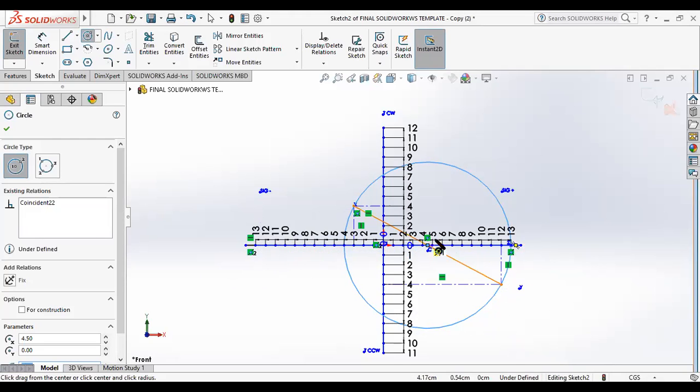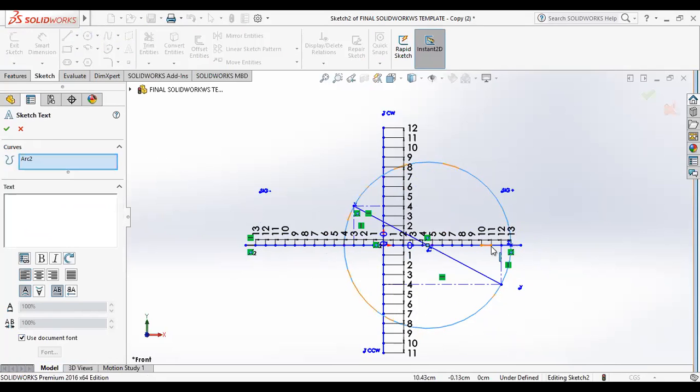If you consider this horizontal line, there is no shear stress. But any point on this circle, this is called the Mohr circle, there is a combination of shear stress and normal stress. But on this horizontal line there is only normal stress, and we will call it principal stress.